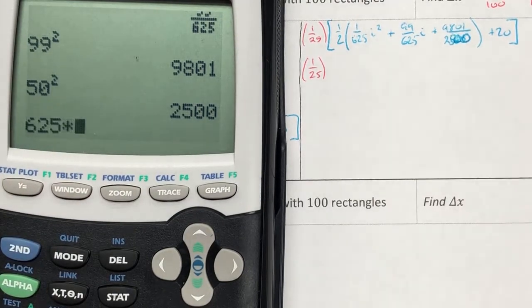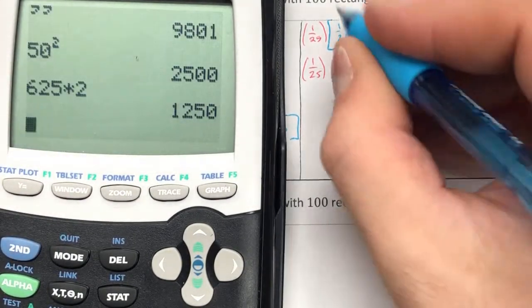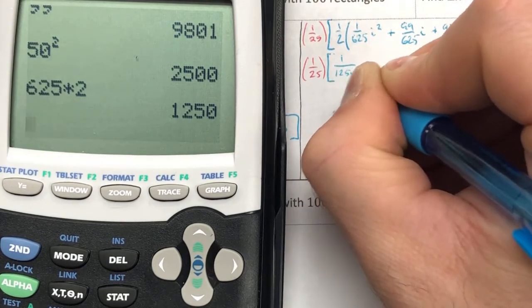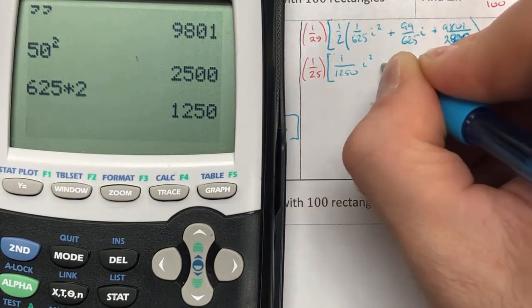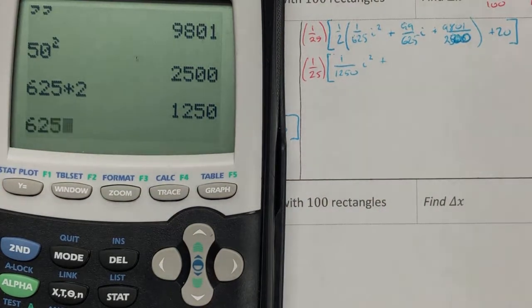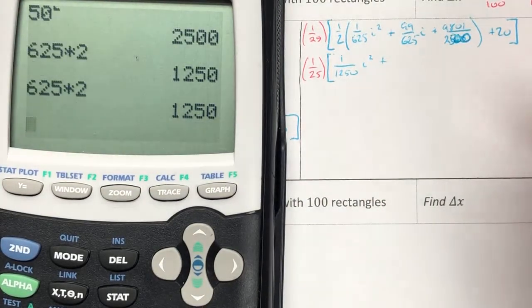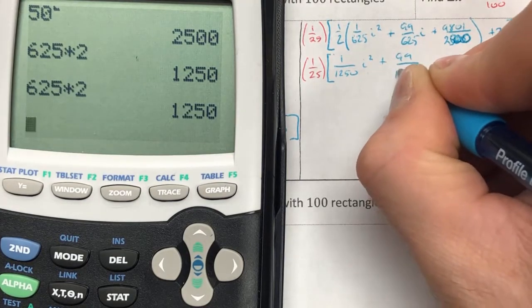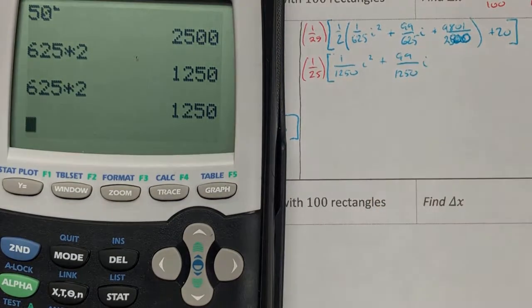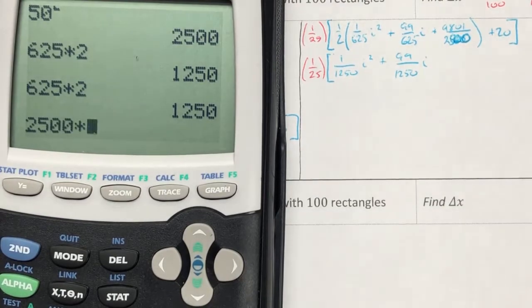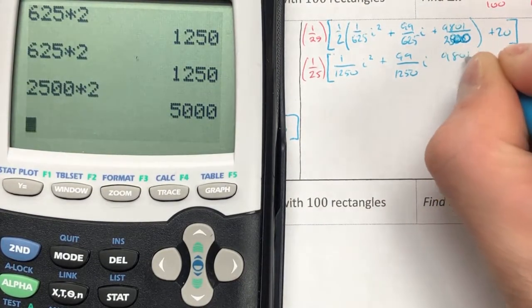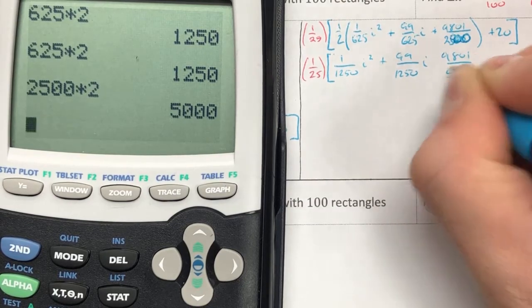So 625 times 2 is 1250, so 1 over 1250 I squared, plus 99 over 1250 I. 2500 times 2 is 5,000, so 9801 over 5,000.